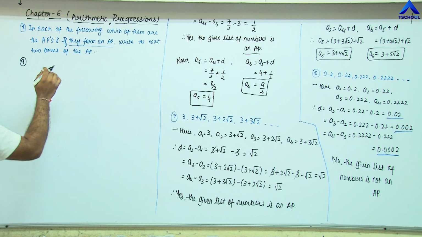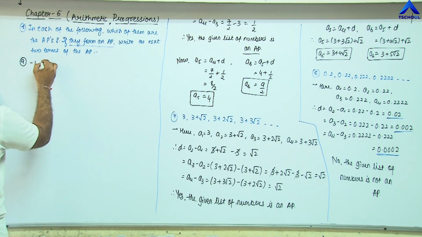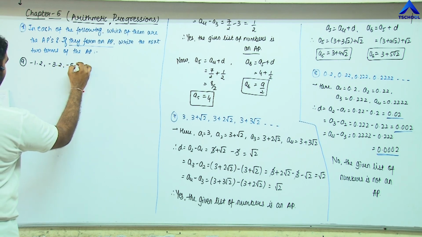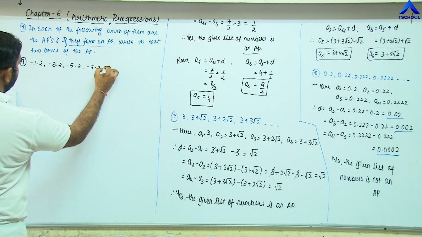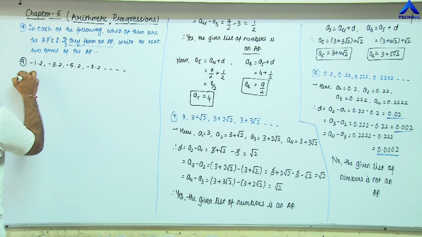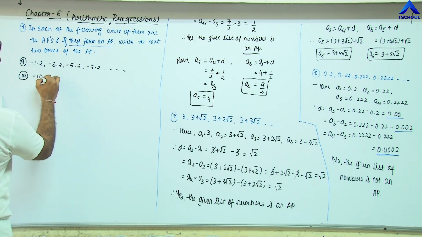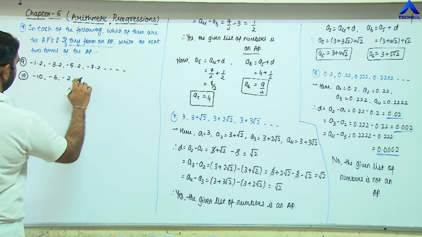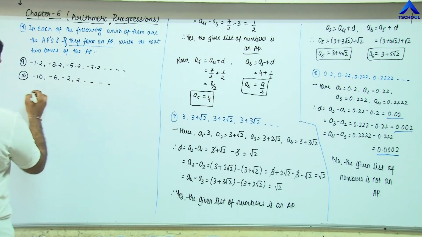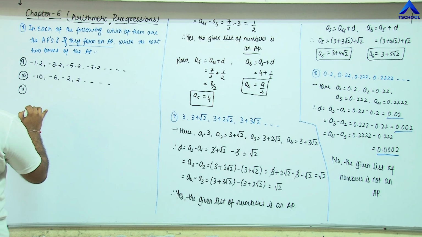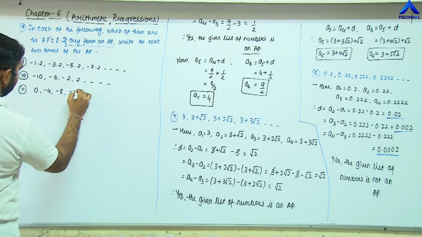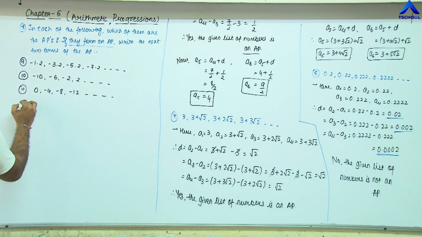Ninth one: minus 1.2, minus 3.2, minus 5.2, minus 7.2 and so on. 10th one: minus 10, minus 6, minus 2, plus 2 and so on. 11th one: 0, minus 4, minus 8, minus 12 and so on.